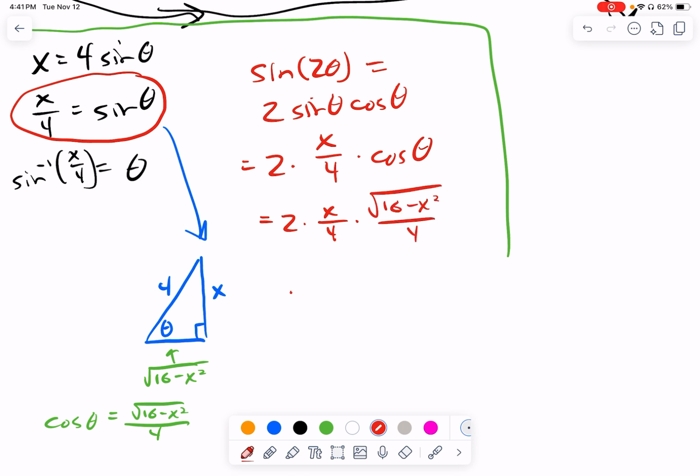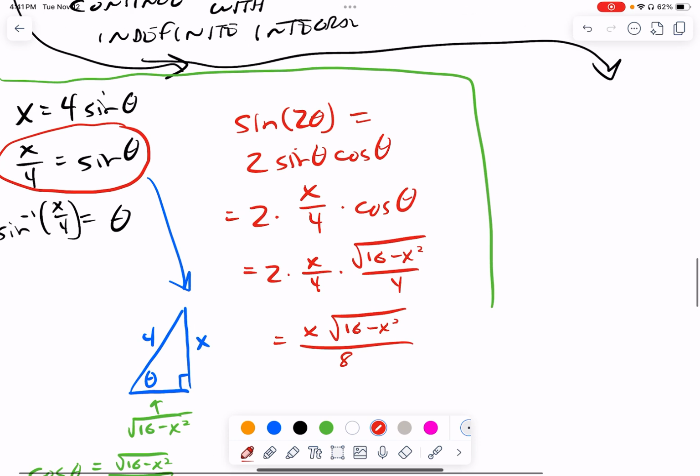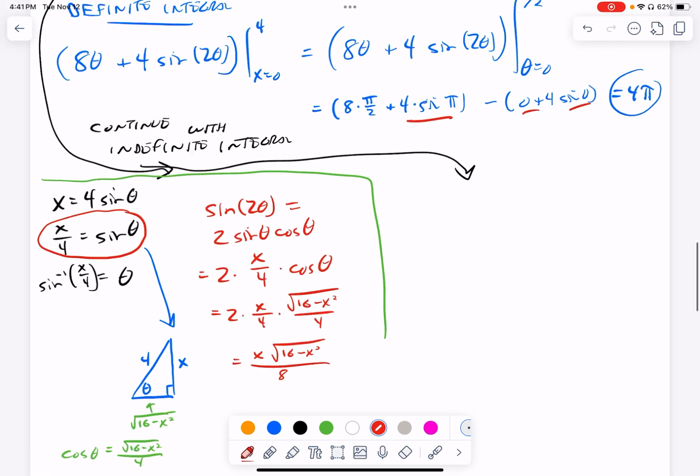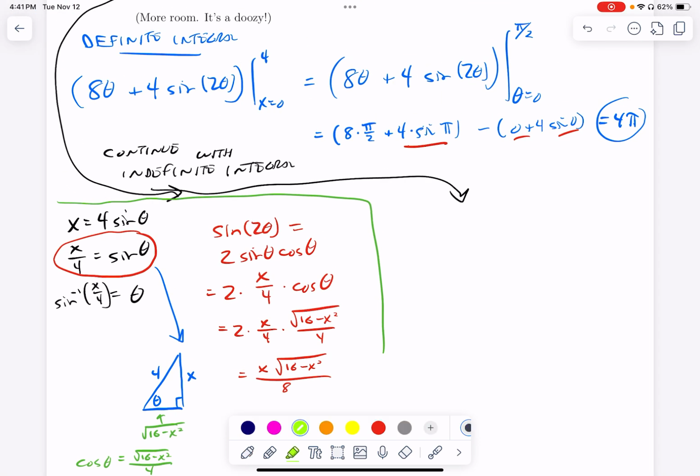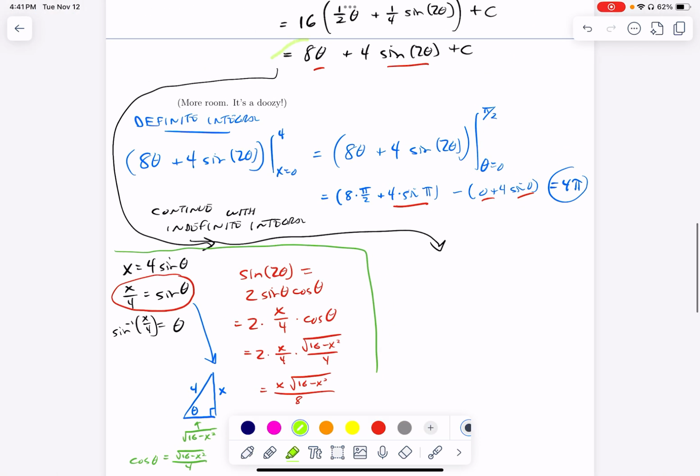And all of this simplifies to x times 16 times square root of 16 minus x squared over 8 after I simplify. So if I continue with the indefinite integral, here is what the antiderivative was in terms of theta.